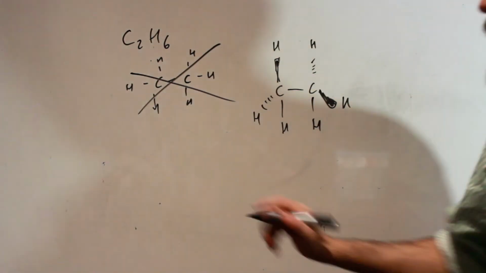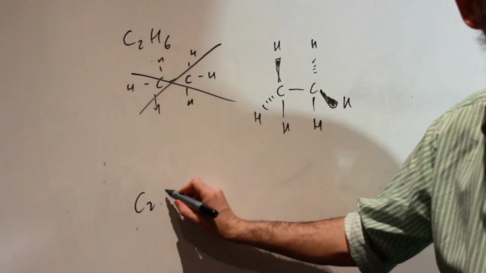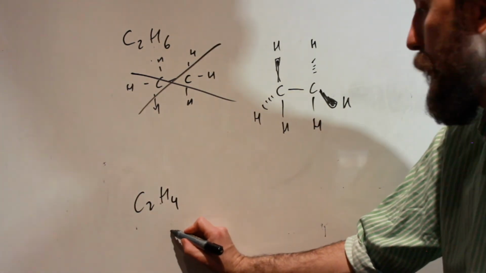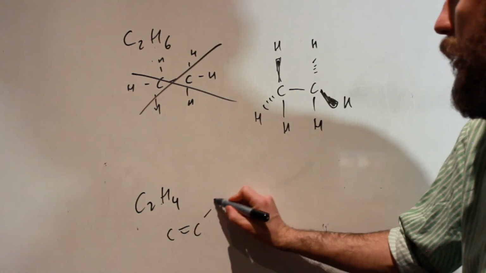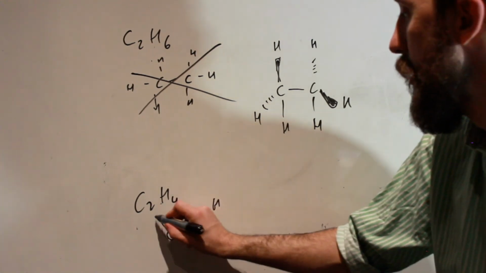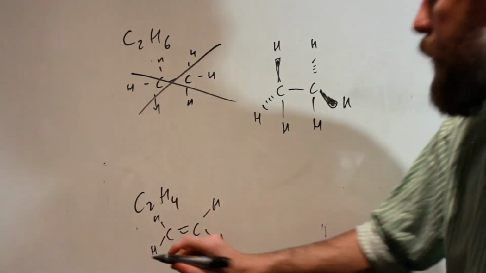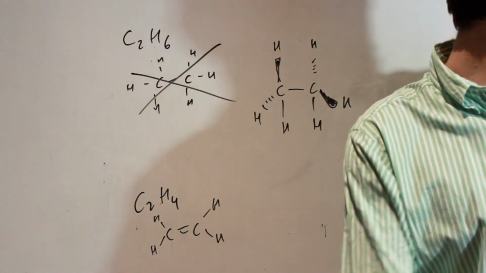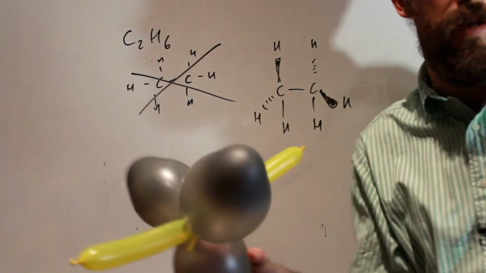What about in the case of C2H4? Now this time we have a double bond. H 1, 2, 3, 4. If we have 1 double bond, we have sp2 hybridization. So that's this model here.